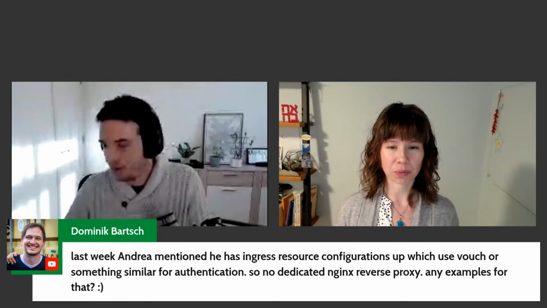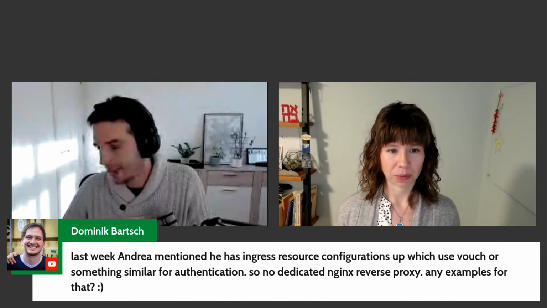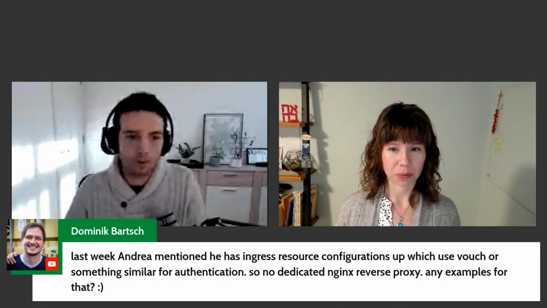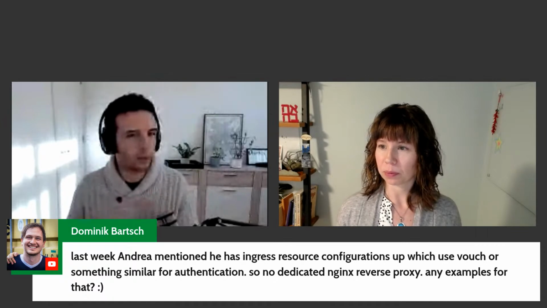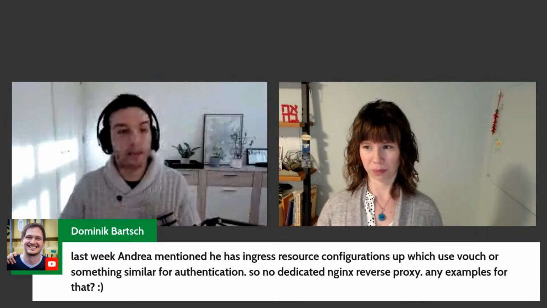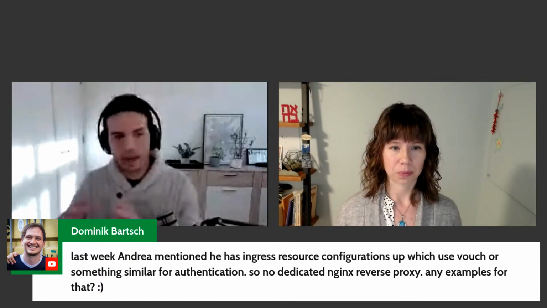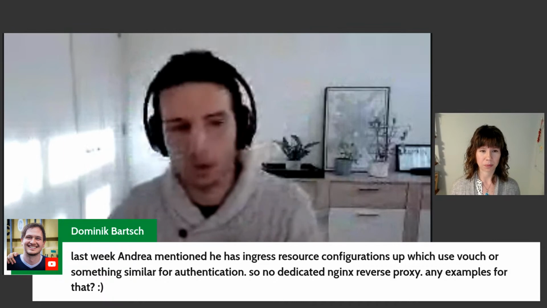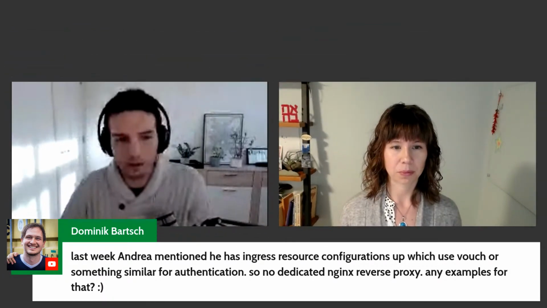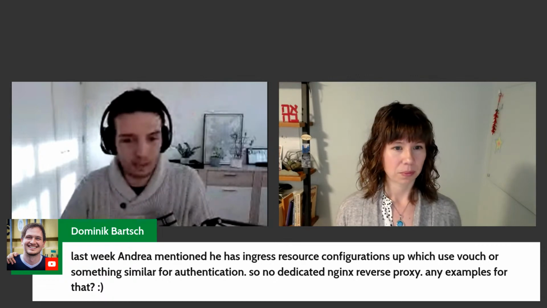Yeah, one thing that we haven't shown today is that you can have configuration per ingress, per ingress rule, but also an NGINX Ingress Controller wide configuration. For example, you can say, I want all the traffic going through this Ingress NGINX to be authenticated, no matter what, or you can set it per ingress resource.